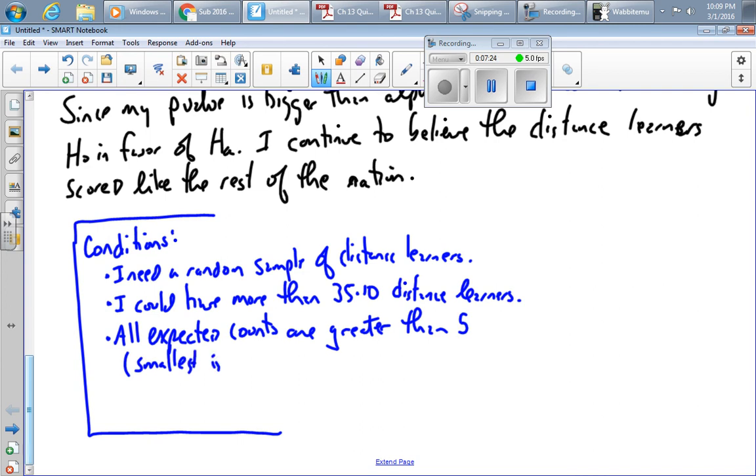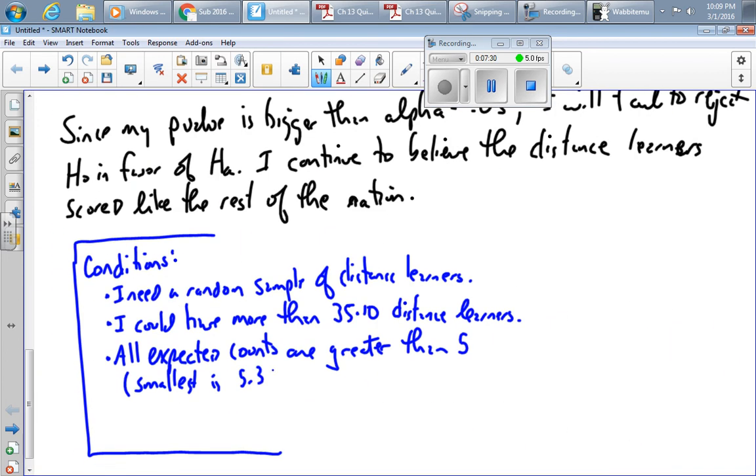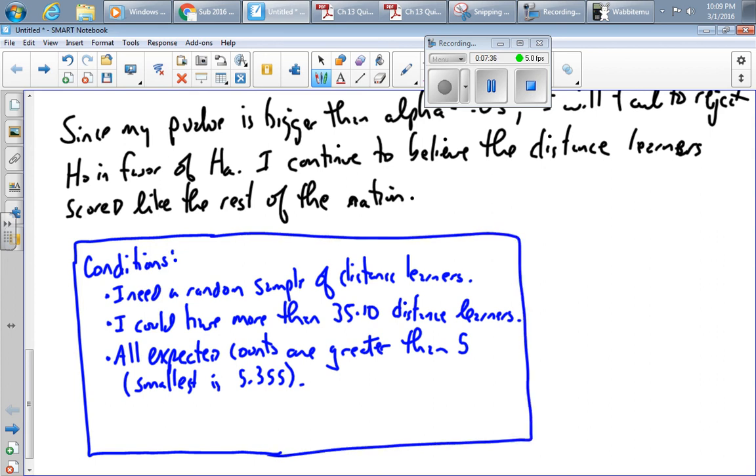Smallest is 5.355. So the large counts condition is met. So those are the conditions that we have. So that's how you'd work this chi-squared goodness of fit test.